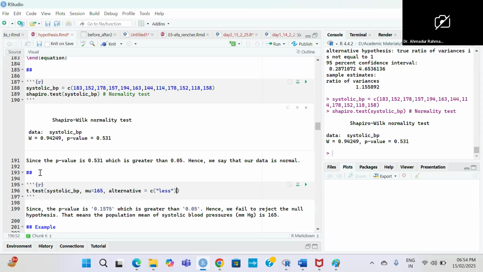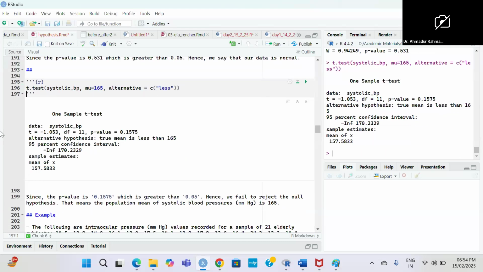Okay, so we run this. The t value is minus 1.053. Degrees of freedom is 11, and the p value is 0.1575.